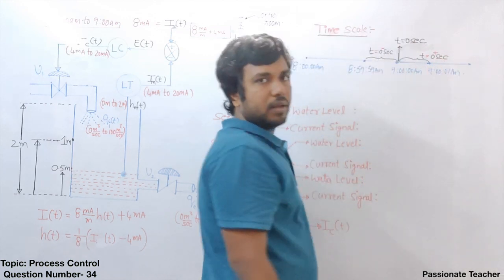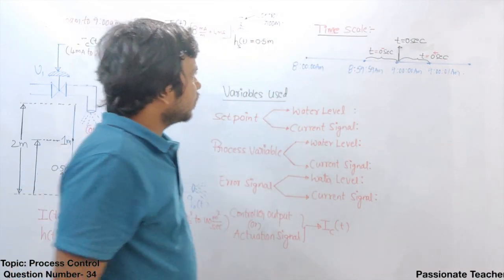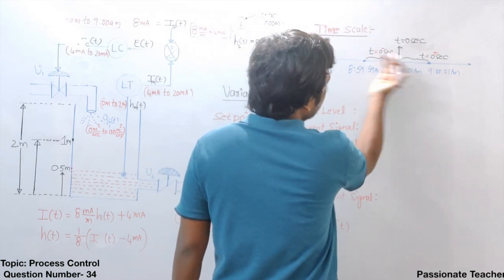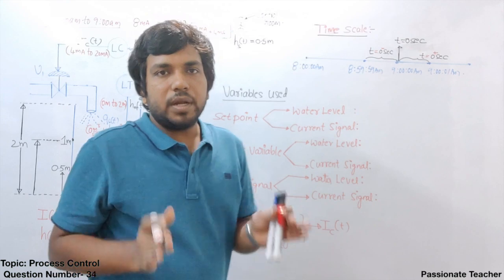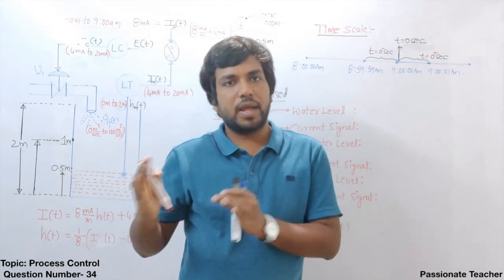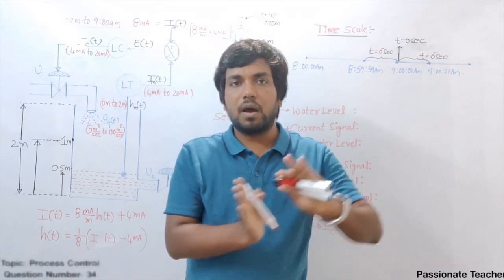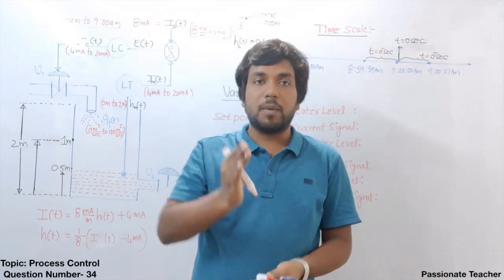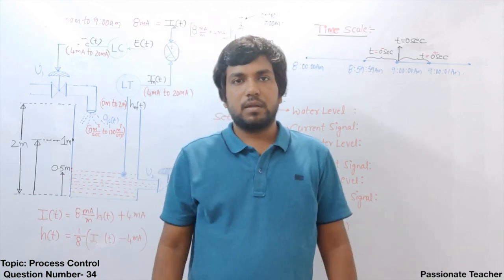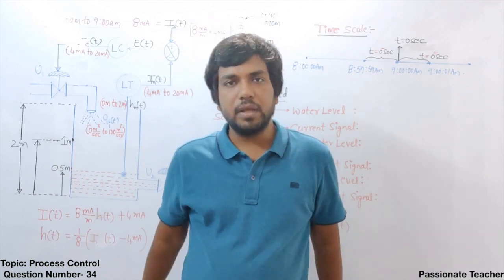That means after 9 am. So hereafter if I say t is equal to 0 minus seconds, that means just before 9 am. Now we need to understand this problem in 3 segments. What happened before 9 am, what is going to happen after 9 am, and what is going to happen exactly at 9 am. If you are able to understand these three, then automatically the problem will be very simple.